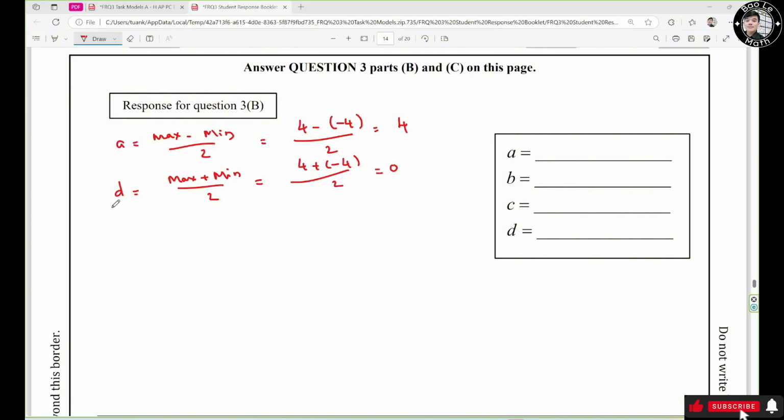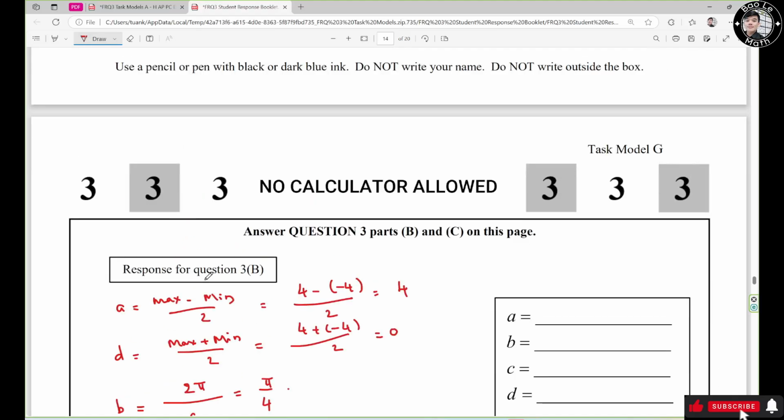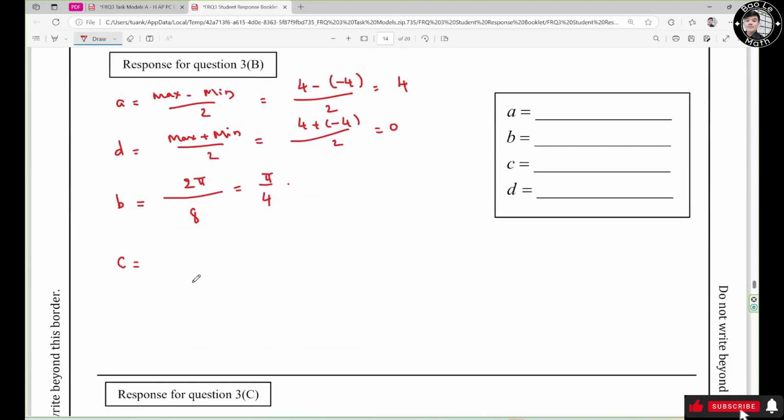Now next, we need to solve for B. B equals 2 pi divided by period. Period equals 8 seconds, so it would be pi over 4. Now, the last one, we need to find the phase shift. There are multiple values for the phase shift, depending on how you choose where the function starts.